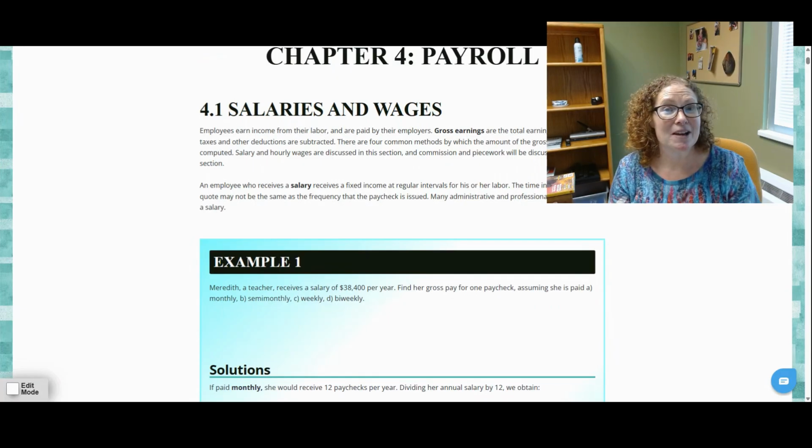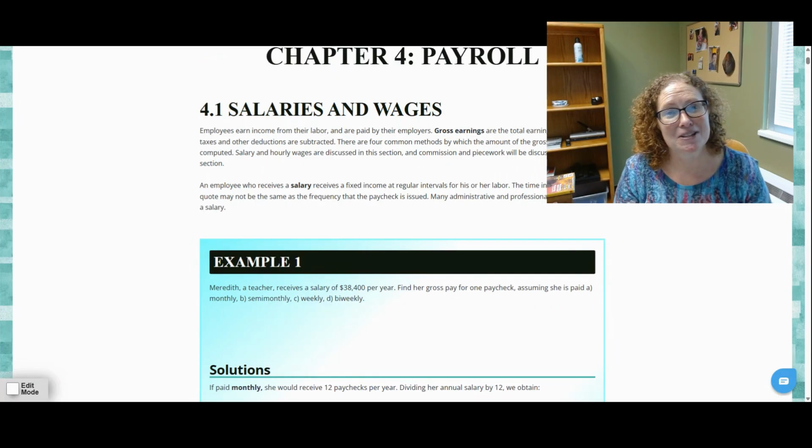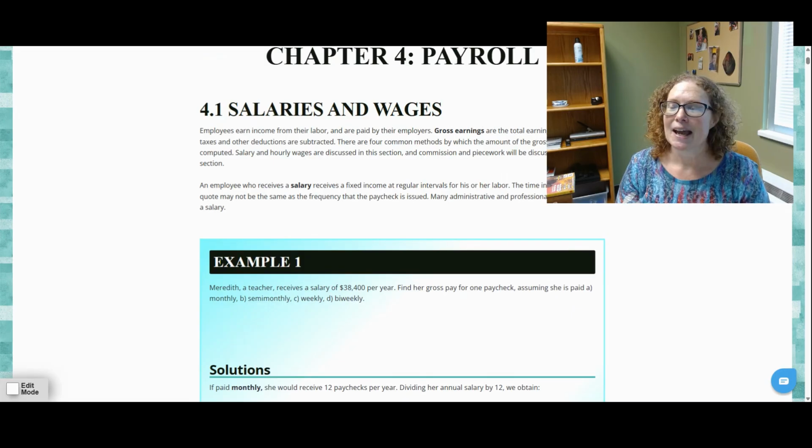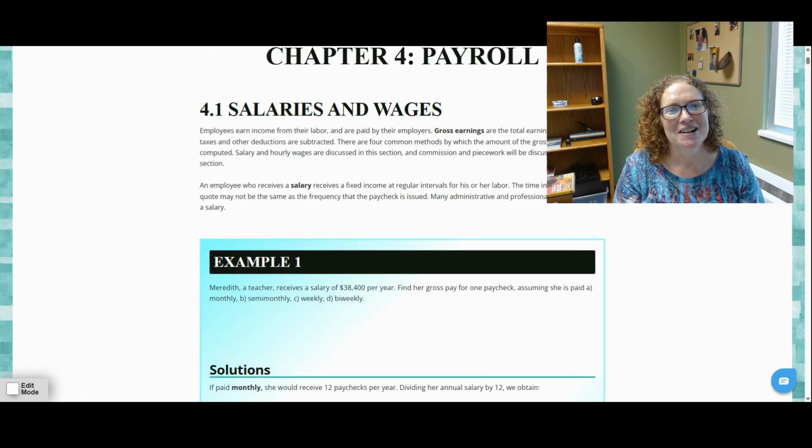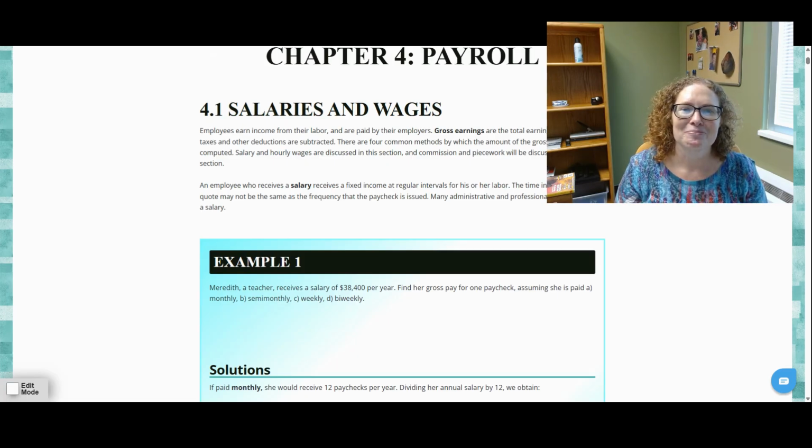You're exempt from FLSA, the Fair Labor Standards Act. If you're non-exempt, that means you're covered by that act, and you are able to work overtime and get paid for overtime, as opposed to just getting a set amount. And it's a good thing to make sure you are classified correctly as exempt or non-exempt.